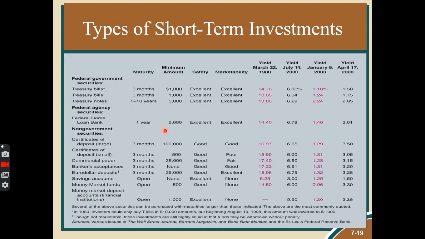This is just an example of the yields, or the returns that we can get from short-term investments, ranging from treasury bills to other money market items. This is showing us the yields or the returns from 1980 up to 2008.